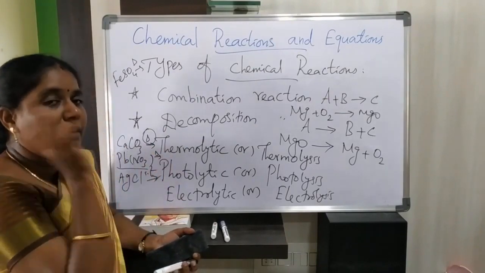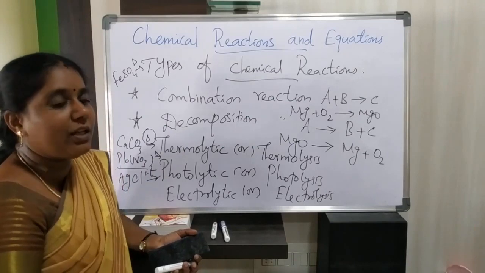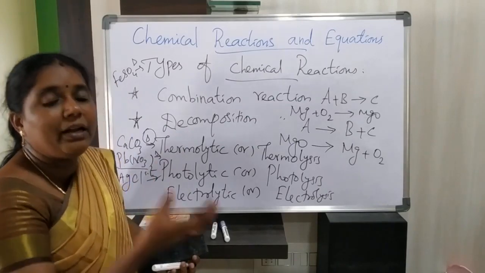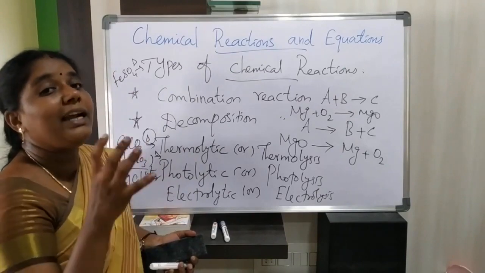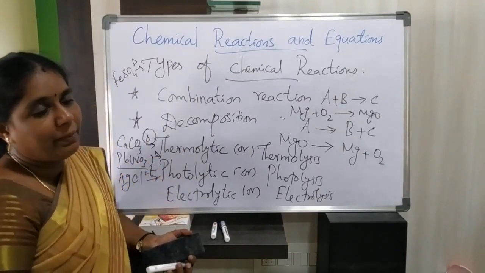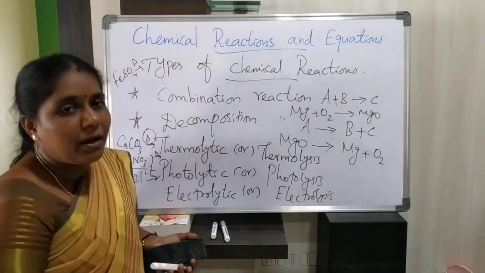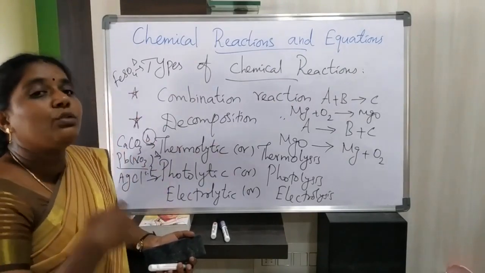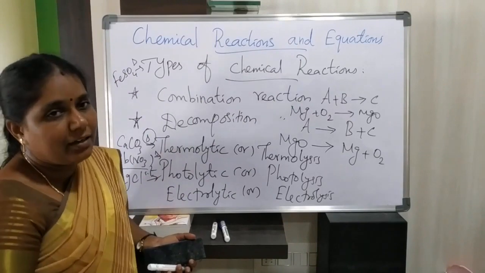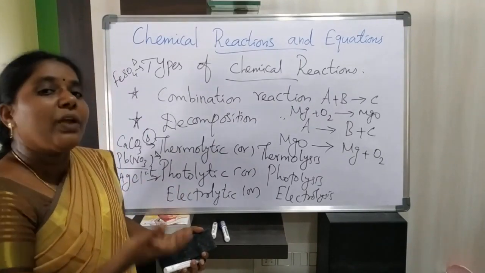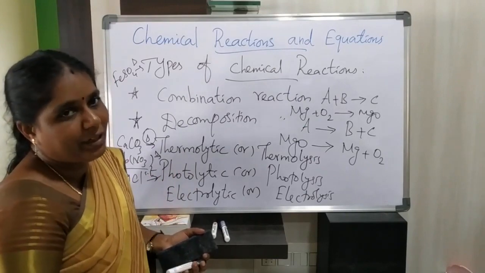Listen carefully, they may ask this question in your examination: why do we need to store silver chloride and silver bromide in a dark colored bottle? Because in the presence of sunlight they split to form silver and chlorine. To avoid sunlight, we store them in dark colored bottles.